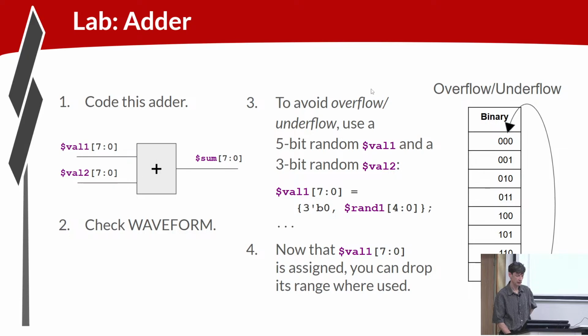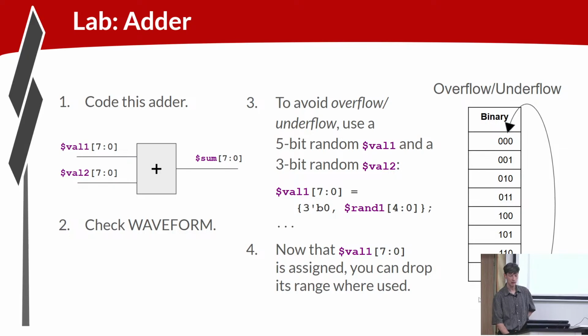Yeah, so the point here is just that if you're providing two random byte values, very likely they're going to overflow and not be able to be expressed in the byte output, right? So using 3 bits instead of 8, if you try to add 111 to a value of 001, that's going to take you off the end of the range that you can express.